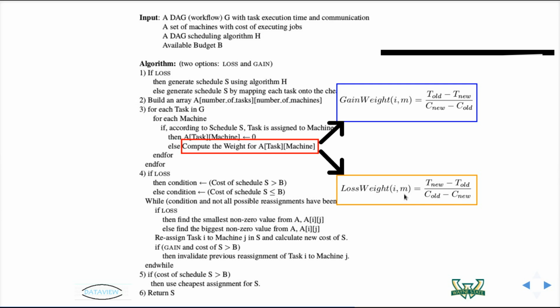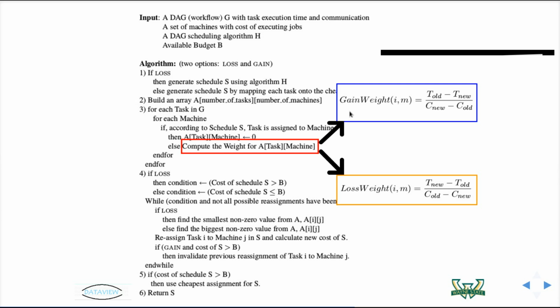For the gain weight, we also have the same things. By using the weight tables, we can select the tasks to be reassigned to the machines, and we will continue these things until the cost of the current schedule is more than the budget, or until there is no money available.